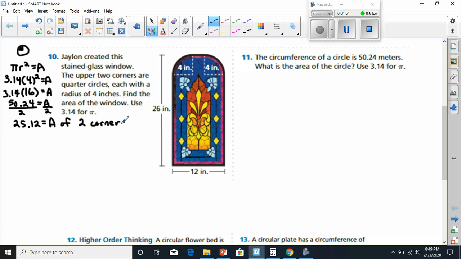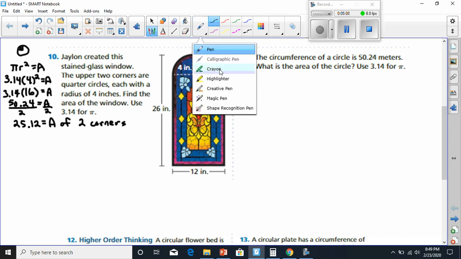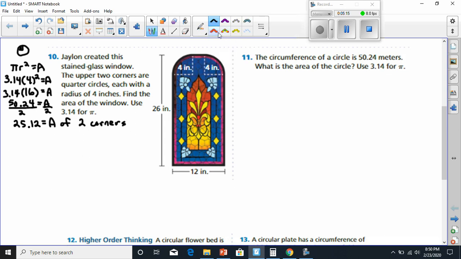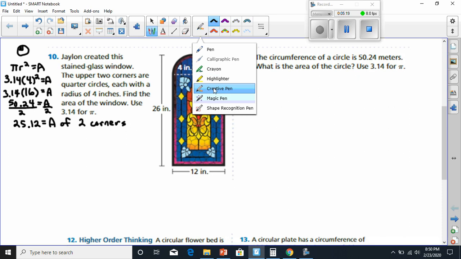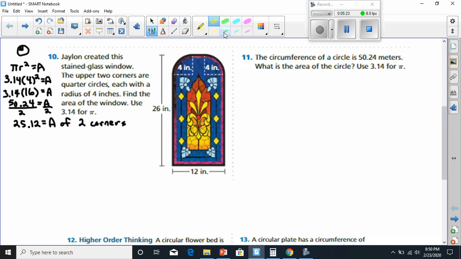Okay. Now we've got the rest of this to go. I'm going to start with this rectangle here first. And I'm just going to put a blue line across it if I could. We'll use a marker here. Maybe a highlighter would do.